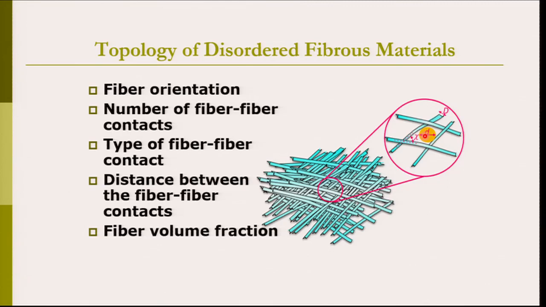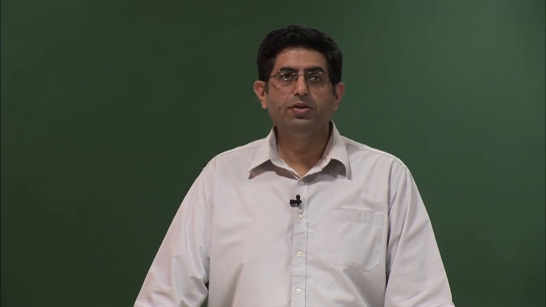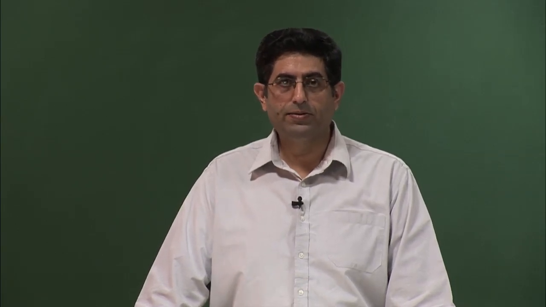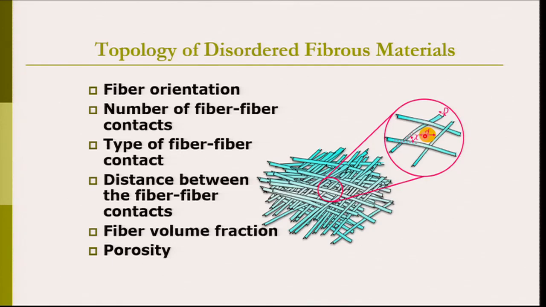Then we also know the fiber volume fraction, which is the ratio of the fiber volume to the fabric volume, and which is also influenced to a certain extent by fiber to fiber contacts. The next one is porosity, which is the complement of the fiber volume fraction, defined as the ratio of pore volume to the total fabric volume.